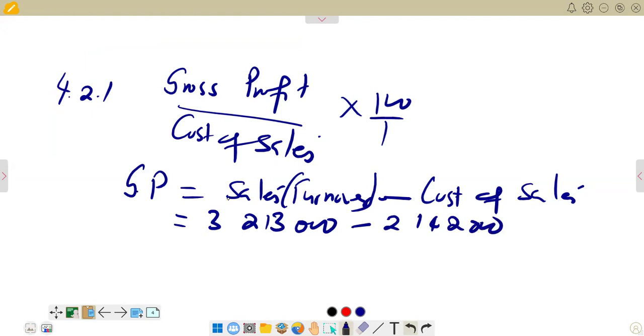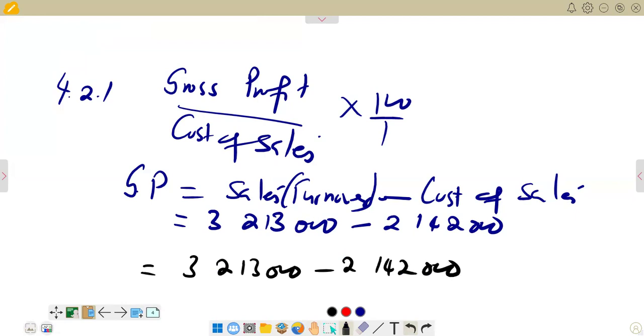Now to calculate gross profit over cost of sales, we repeat the calculation of gross profit in the numerator: 3,218,000 minus 2,142,000.